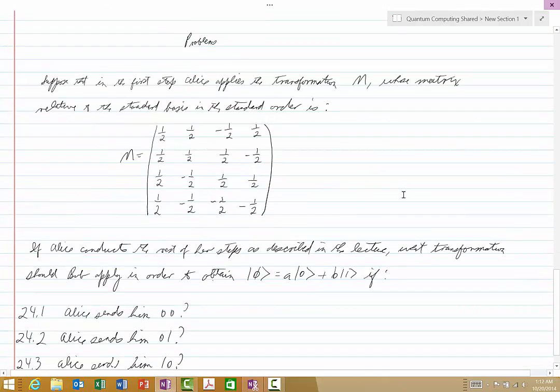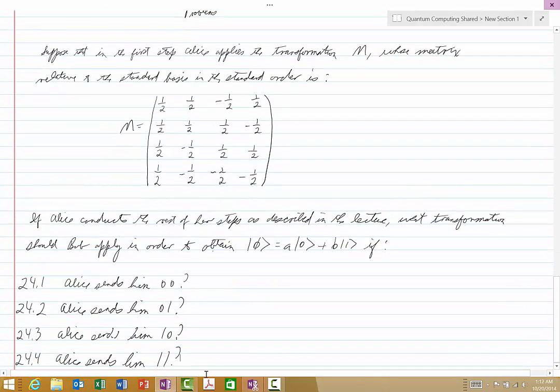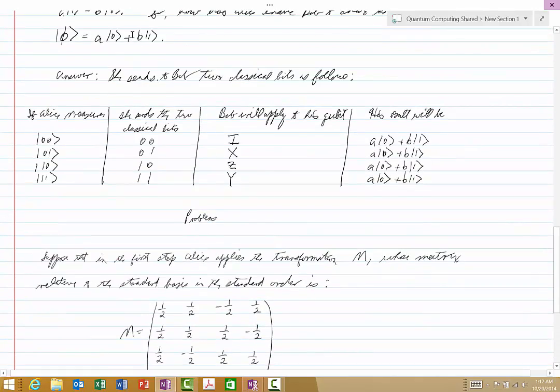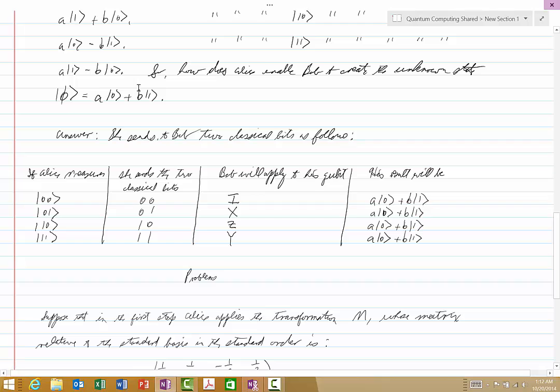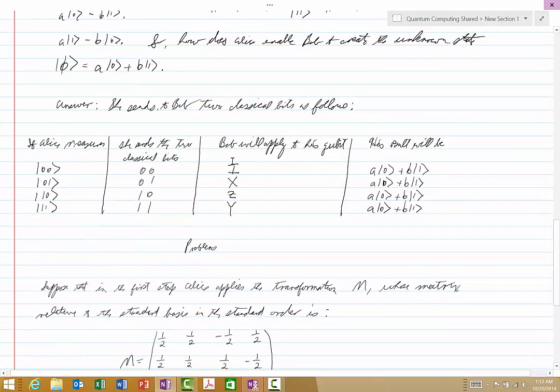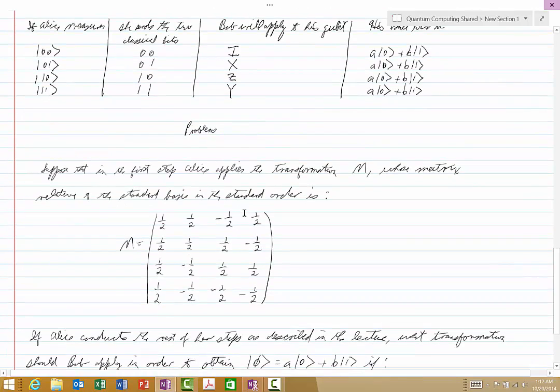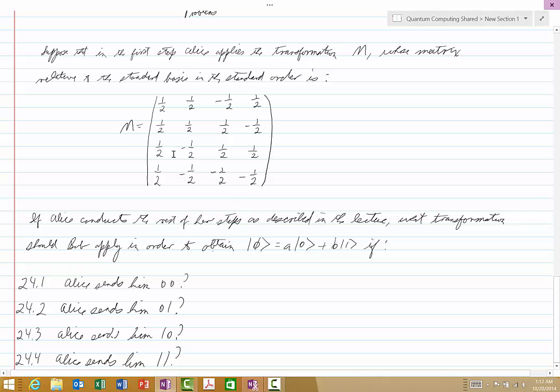We want him in each case to obtain A0 plus B1 here as well, but it's just that, because Alice has done some things differently, now Bob is going to have to apply different transformations in each one of these cases. And so you need to figure out in each case what transformation Bob should apply to his qubit, which of course is the last qubit.